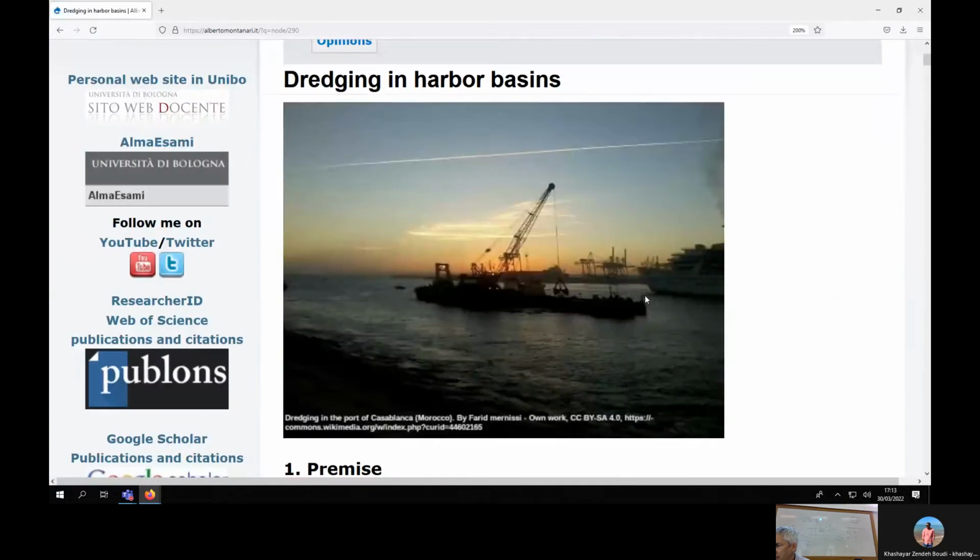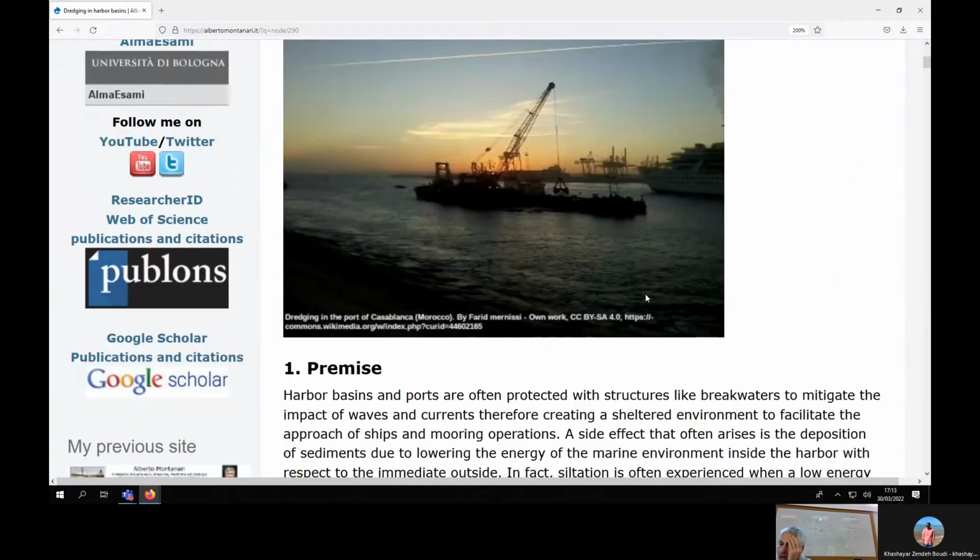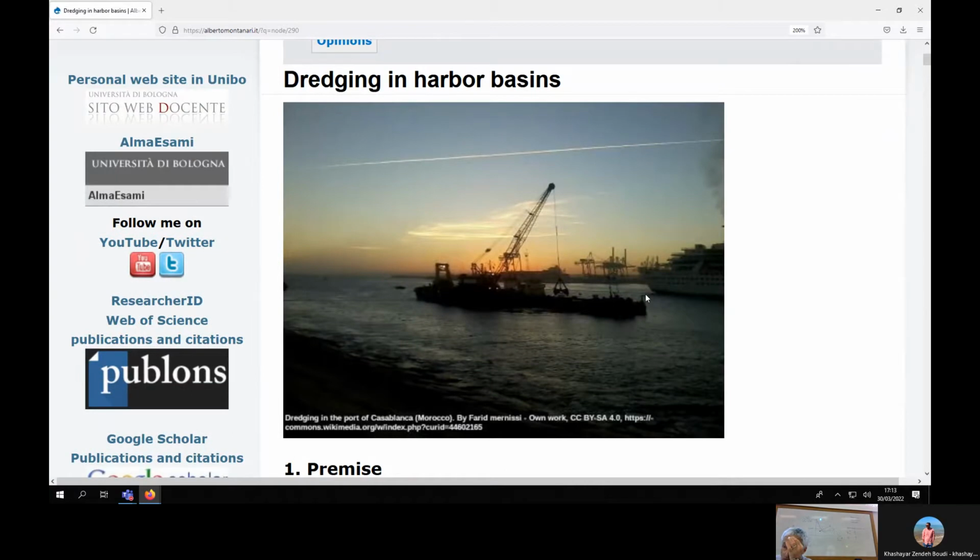And first, a premise: why this issue is important. Harbour basins are subjected to siltation or sedimentation. Why? Because we try to create calm conditions there, and therefore, of course, there is the deposition of sediments.